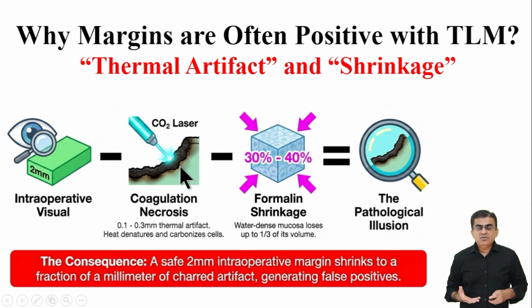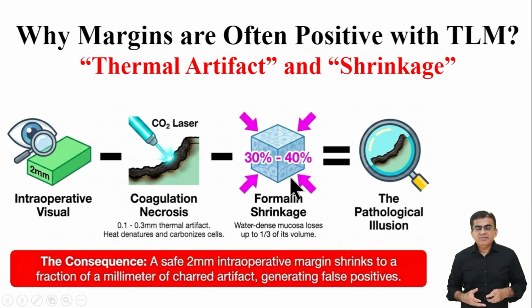Next, look at the icon for formalin shrinkage. The laryngeal mucosa is naturally very dense with water. When you drop this tissue into formalin, it undergoes massive shrinkage. It can easily lose 30 to 40% of its total volume. Now look at the final consequence.